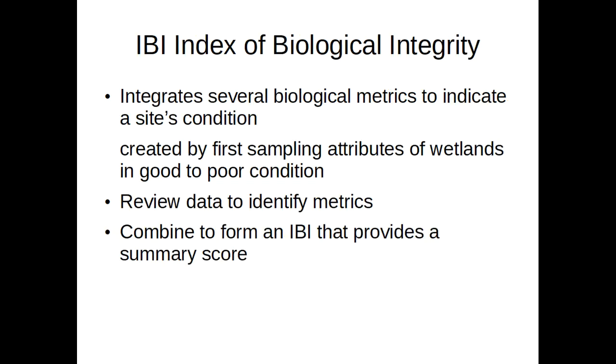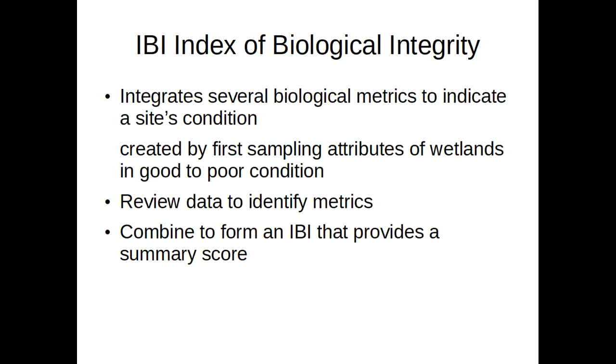In recent years, a growing number of state and federal organizations have started to develop bioassessment methods and indexes of biological integrity, the IBI for wetlands. An IBI is an index that integrates several biological metrics to indicate a site's condition. A common approach among these organizations is to first sample attributes of a taxonomic assemblage in wetlands, ranging from good condition to poor condition.